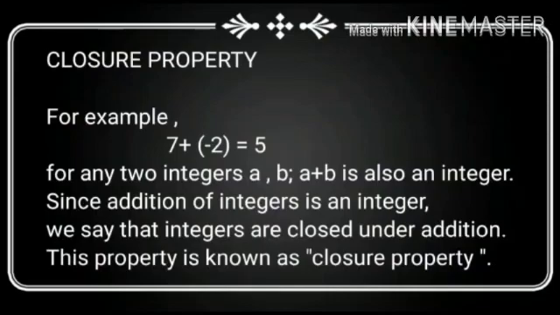This proves that for any two integers a and b, a plus b is also an integer. Since addition of integers is an integer, integers are closed under addition. This property is known as closure property.